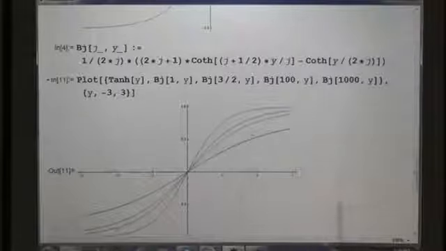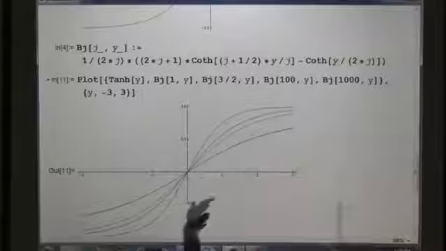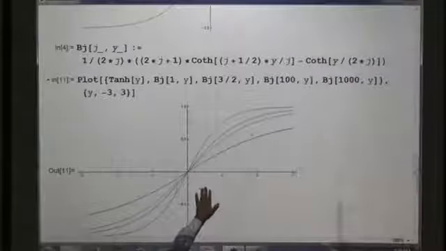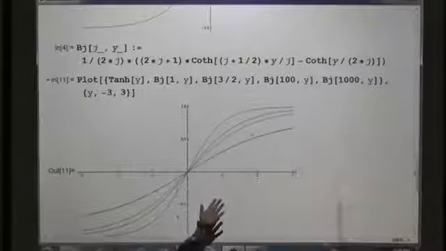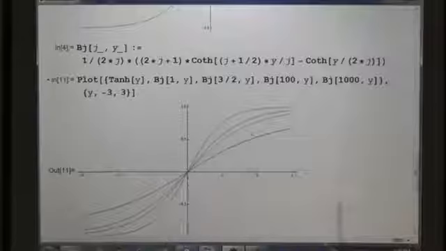And for each one of these graphs, you can see what the high temperature approximation is. Remember, lower values of y represent higher temperatures. So for each one of them, you could do a series expansion about y, truncate the higher order terms, and find out what the magnetization is as a function of temperature.